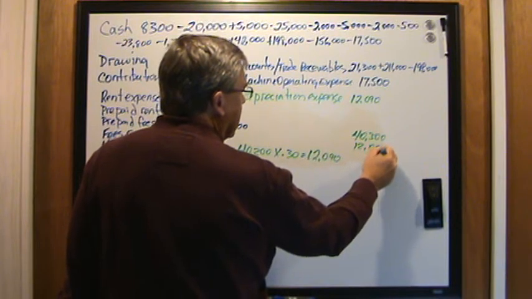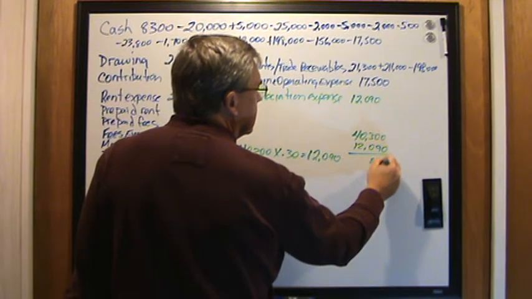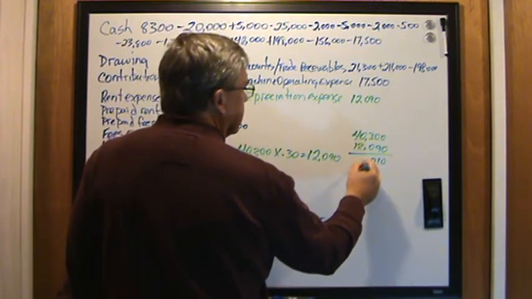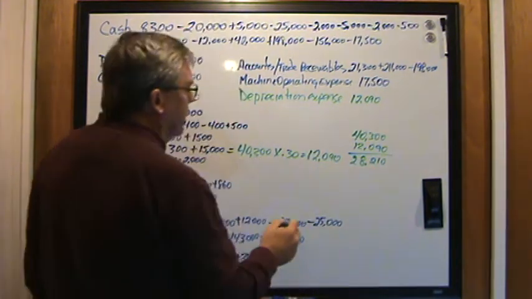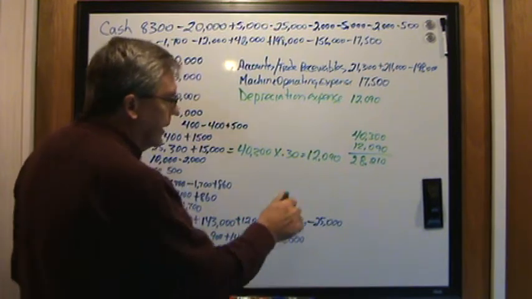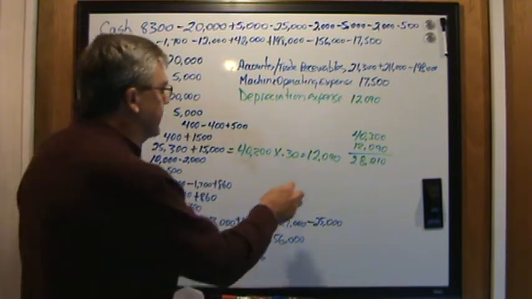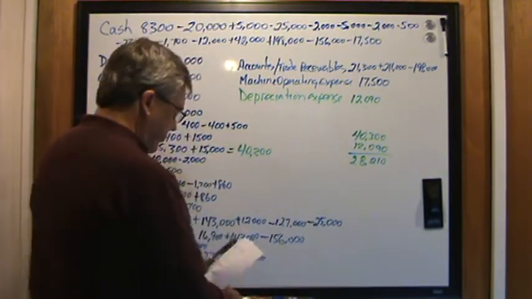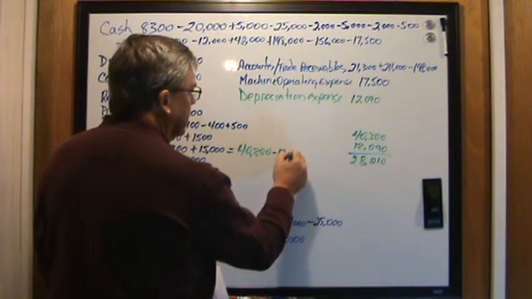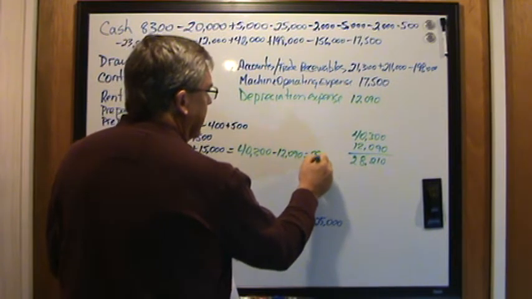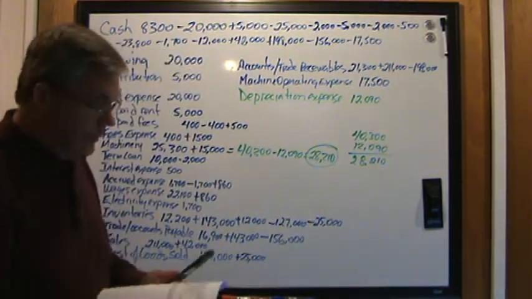So 28,210 is going to be the net amount that's left over for equipment. 40,300 minus 12,090 is equal to 28,210, and that is the number that we're going to use in the balance sheet.